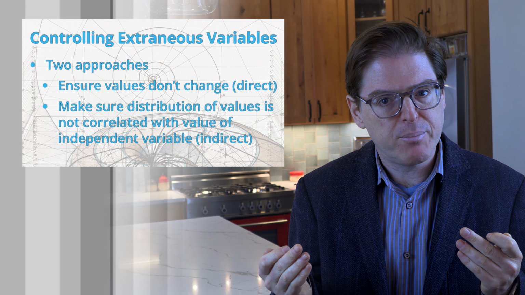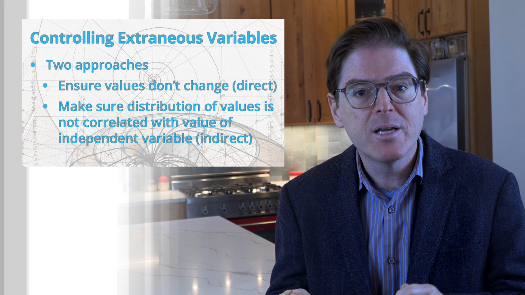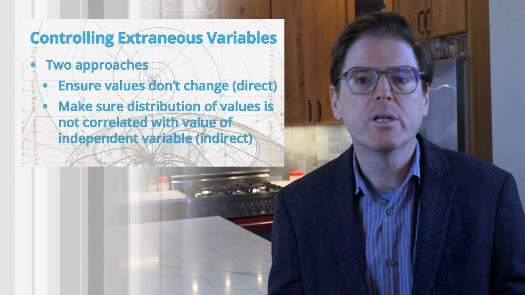So, in our example, we'd want to make sure that whether someone exercises is decided independently from their age, medical condition, diet, and so on. Indirect variable control is often done by randomly dividing experimental subjects into two groups and then artificially changing the value of the independent variable in one of those groups. For example, by assigning members of that group an exercise regime.